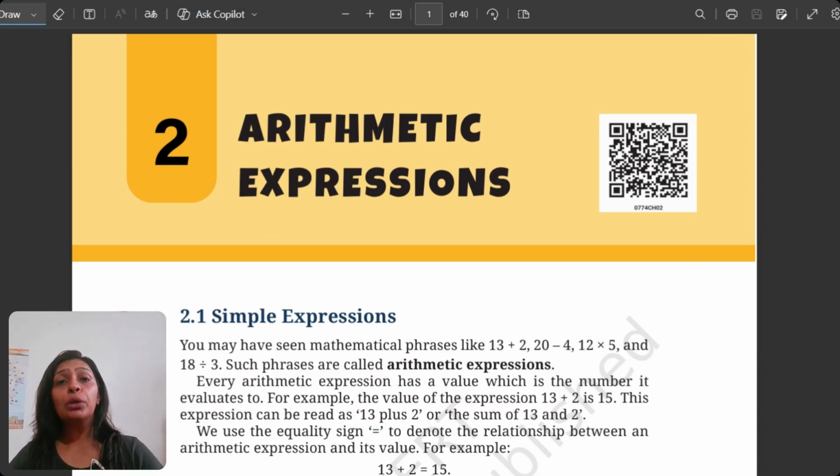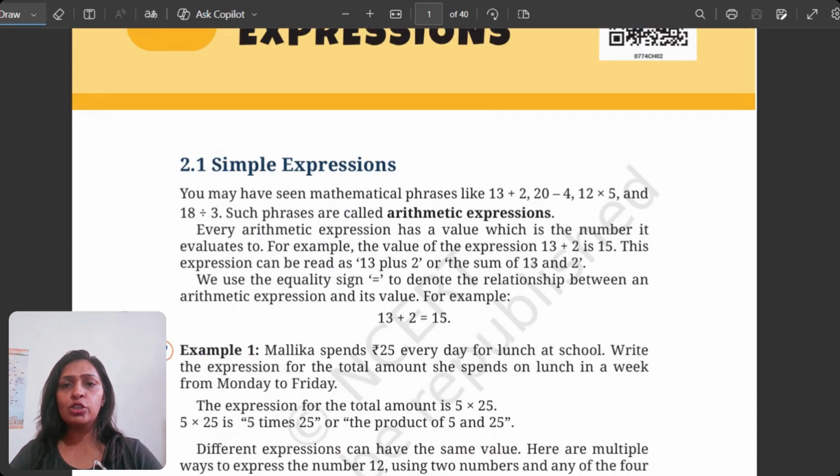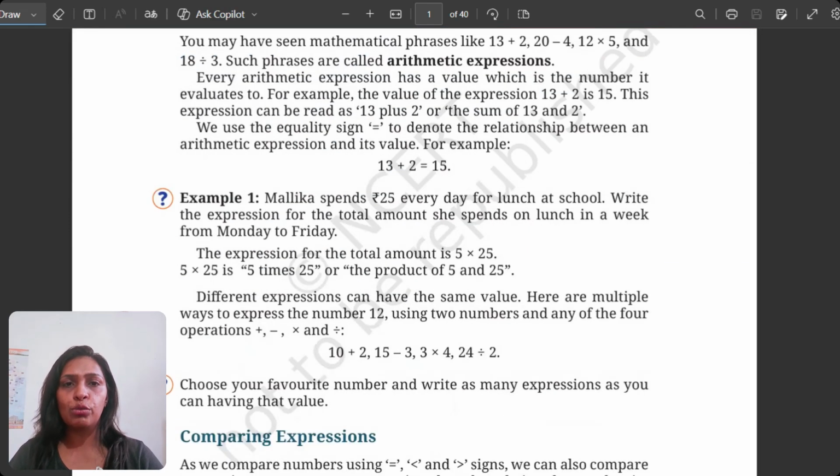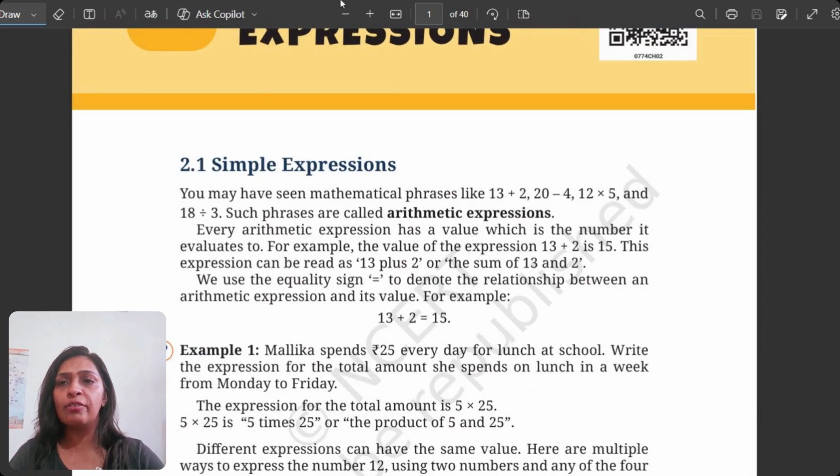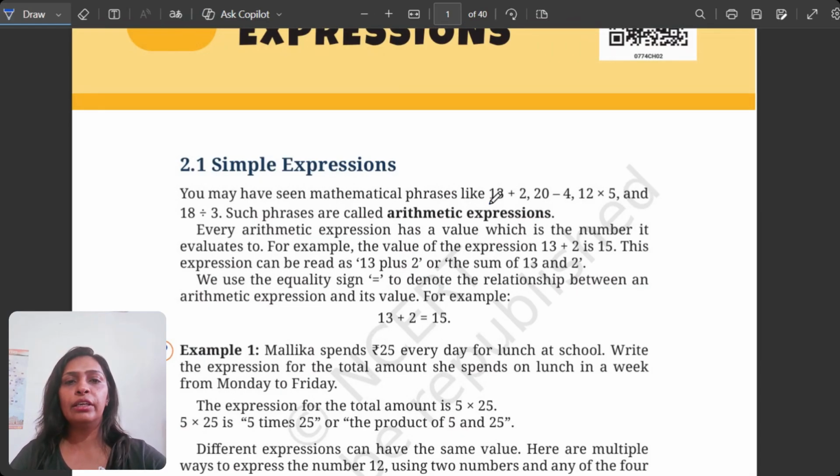In this chapter we are going to cover how to solve the values of arithmetic expressions, and also how to solve word problems. The first topic is simple expressions. What are the basic operations in mathematics?